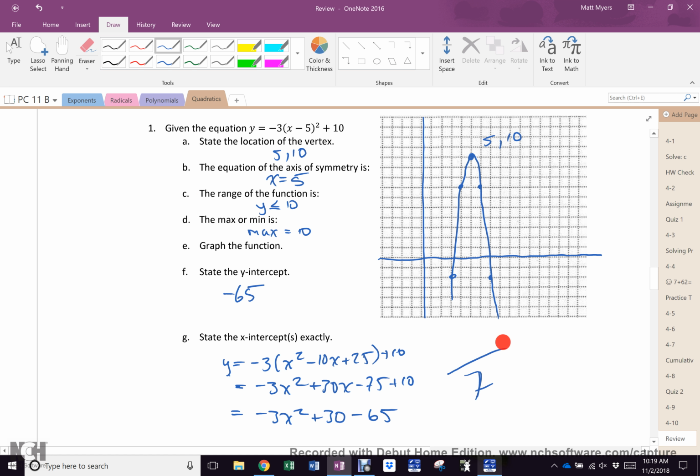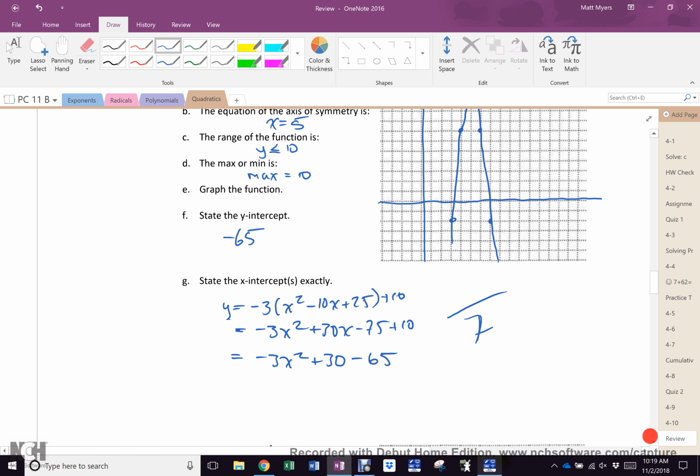Now, the right answers there, what'd you get, Rena? Okay, well, let's do this. Negative 30 plus or minus the square root of 900 minus 4 times negative 3 times negative 65, over negative 6. 900 plus 12.